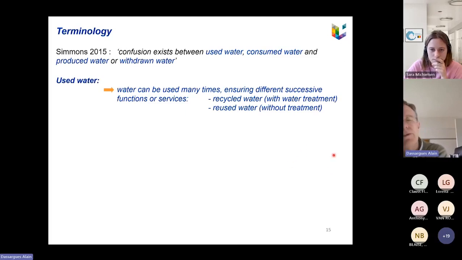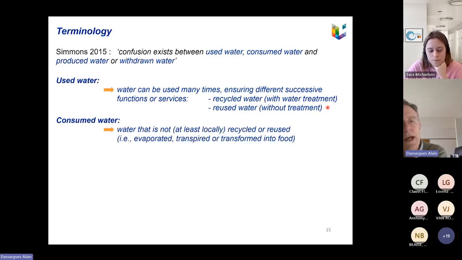And in used water, you can have water that is recycled. Usually we use this term when there is a water treatment after the first use. And water can also be reused. We stick to that term when we have no treatment after the first use.